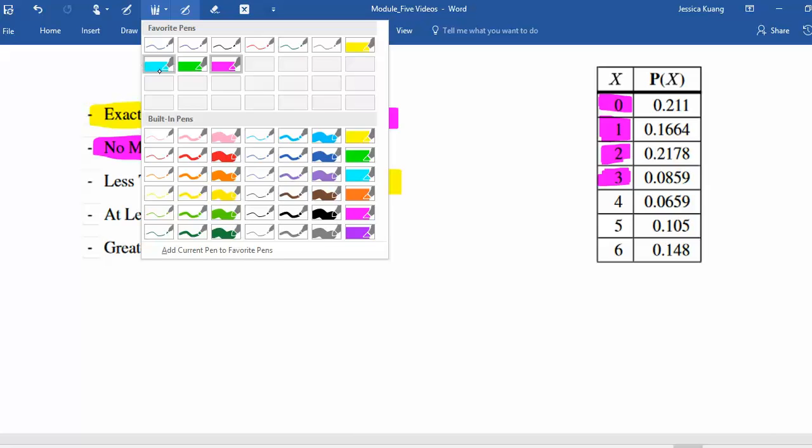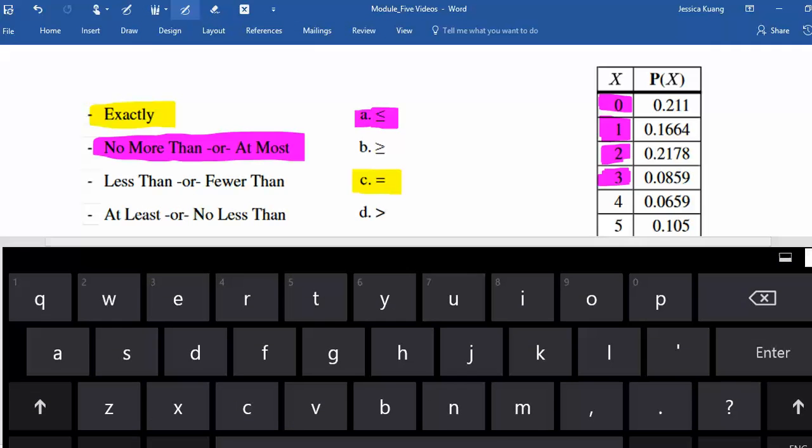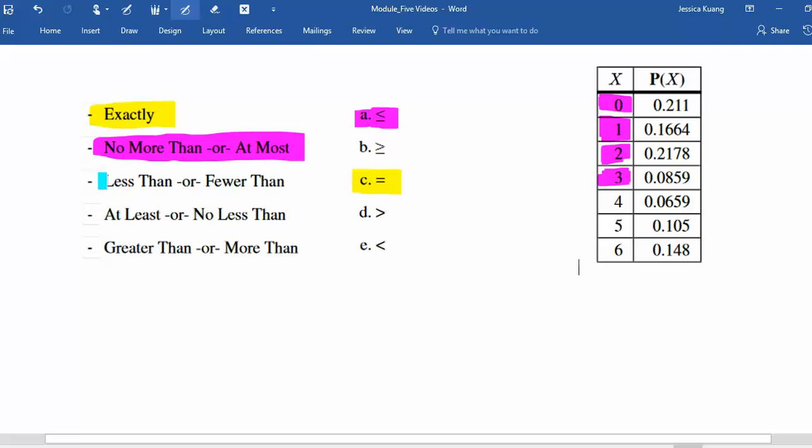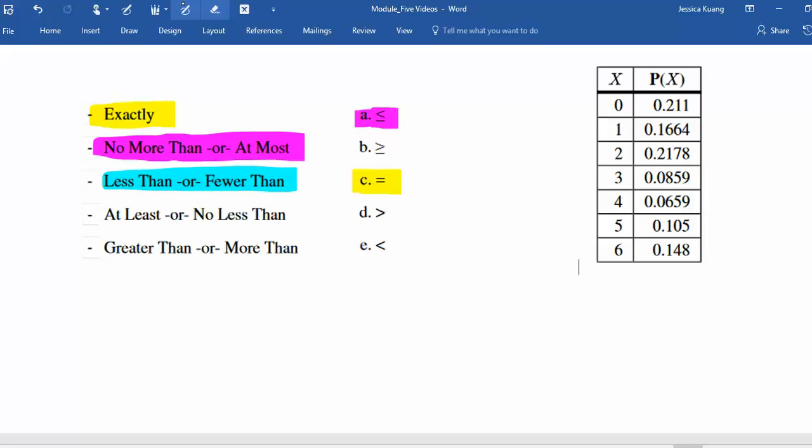Moving on to the next one. What if we want to translate less than or fewer than? Well, look at this table one more time. Taking 3 as an example again.